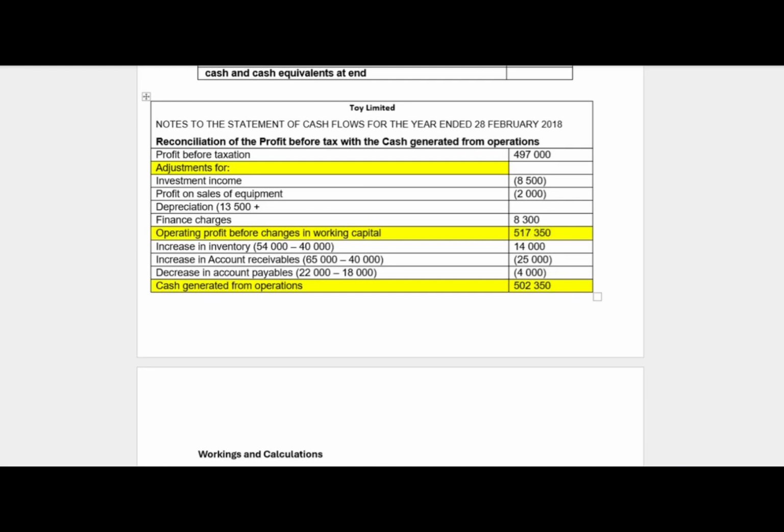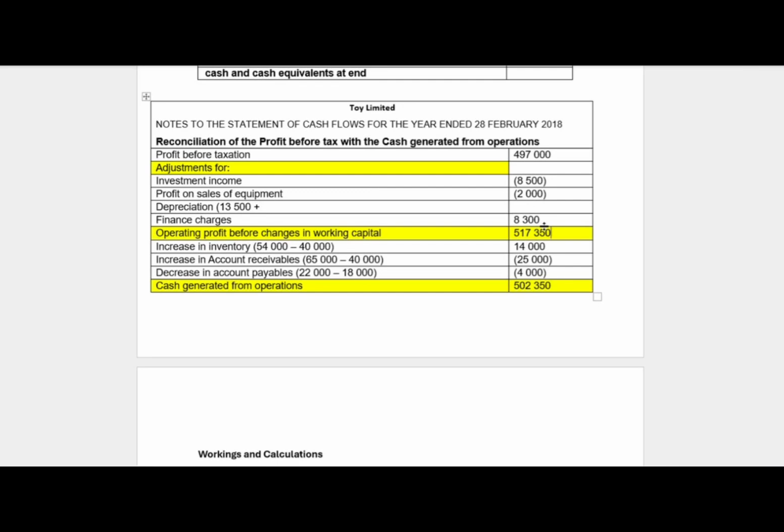So we are getting back to our depreciation, if you can check this, right? And then from there, we are going to say 517,350. We are going to less 8,350. And then we add 2,000. We also add 8,500.